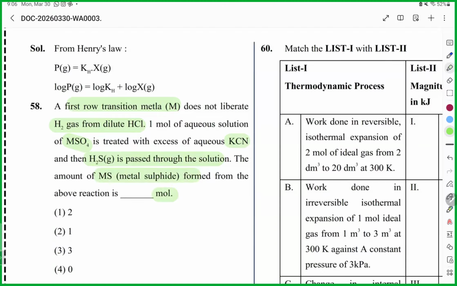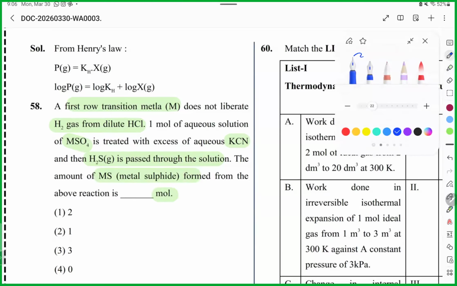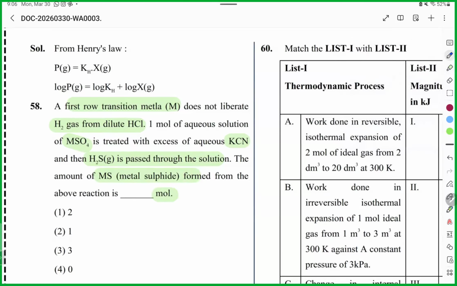So the element that does not produce any hydrogen gas with HCl is copper. Copper does not react with dilute HCl. You will ask, sir, how do you know only copper is not producing hydrogen and all others are?